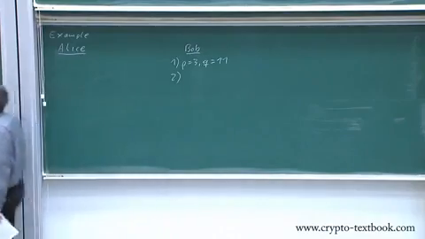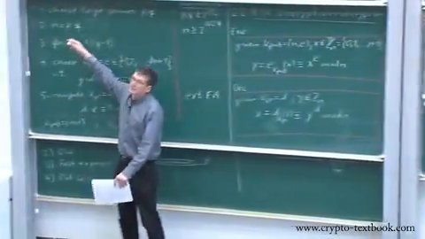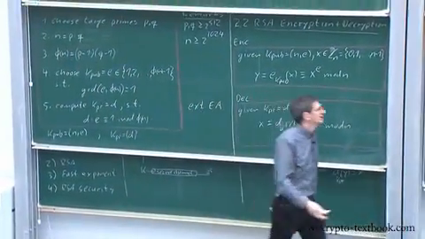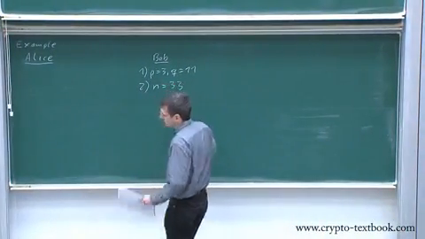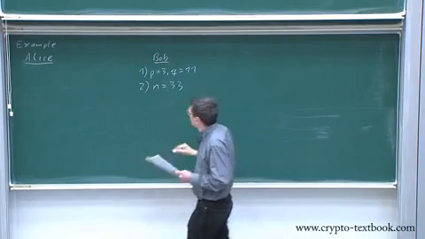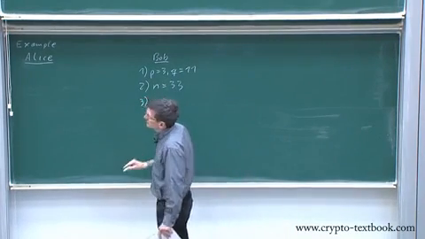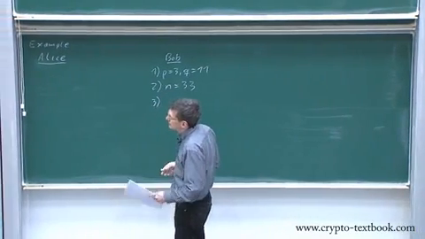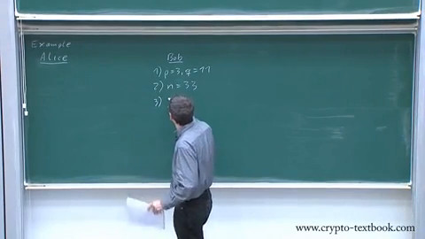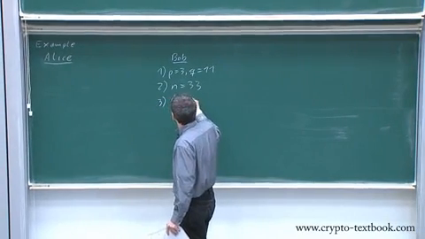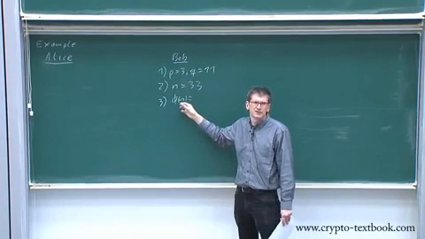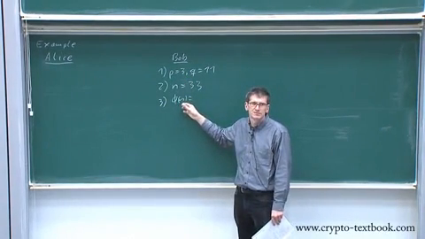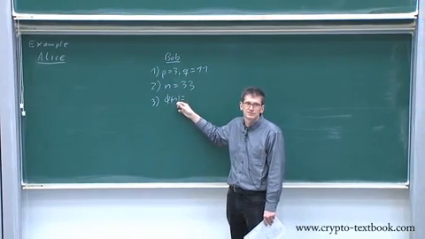Number 2 in our recipe book is compute the product p times q, which is 33. Step number 3 of the key generation protocol is computing phi of n, which is p minus 1 times q minus 1. Can anybody do that mentally without a supercomputer?